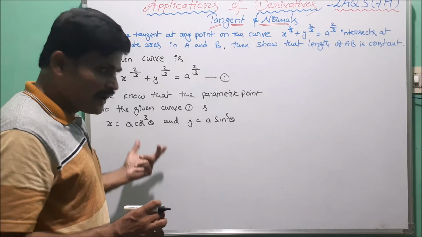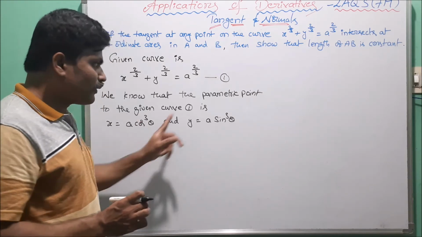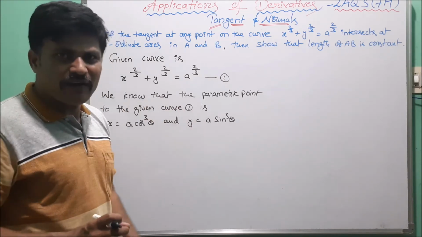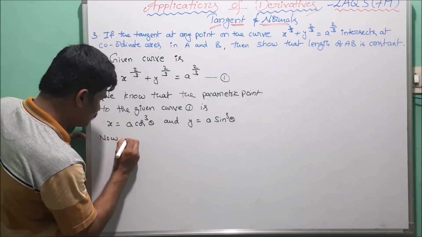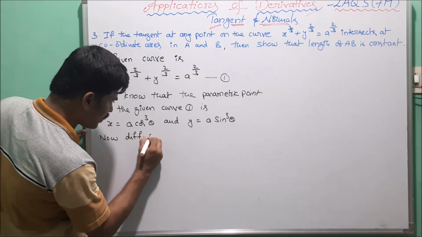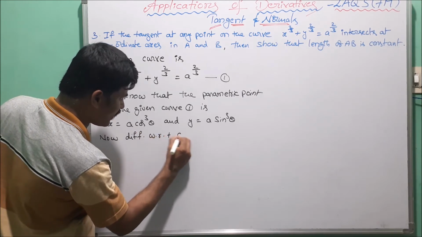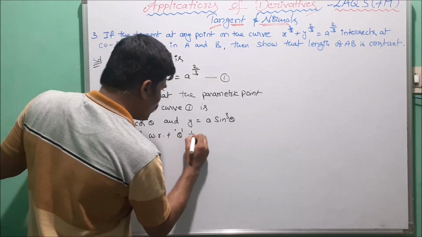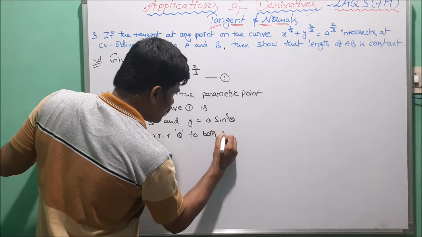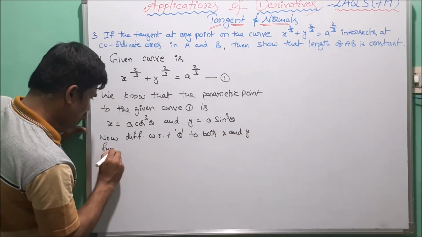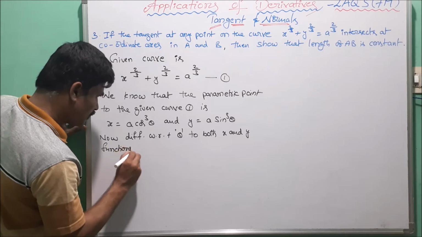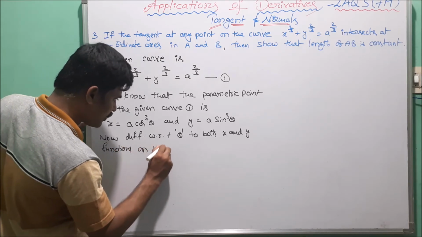Now we have to find derivatives with respect to theta of the given x and y values. Now differentiate with respect to theta both x and y functions on both sides.